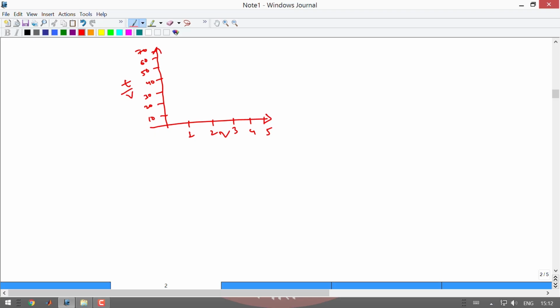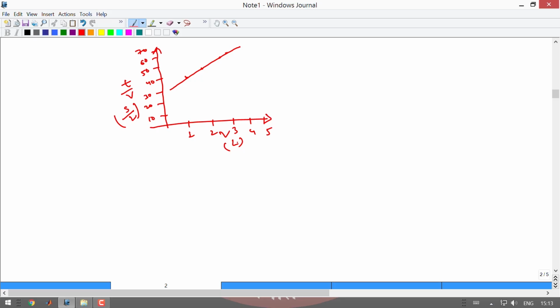If you plot this T by V versus V, it will give you a straight line. The unit is second per liter, and this volume is in liter. Later, after getting the intercept and slope, I will convert to the same foot-pound unit system.